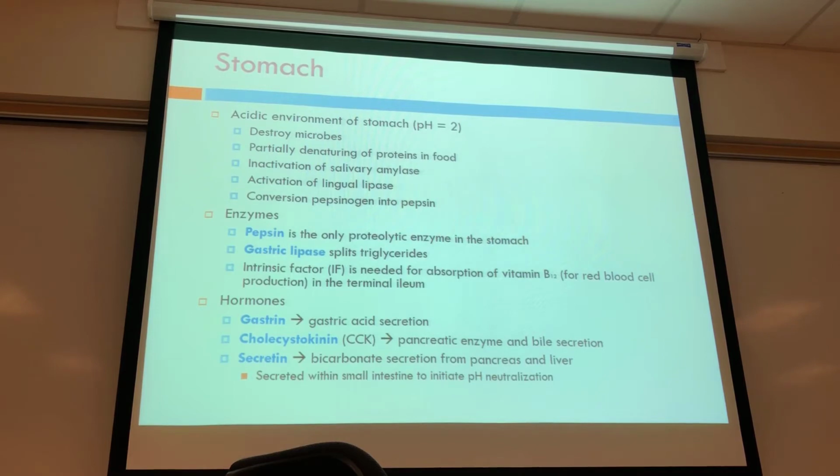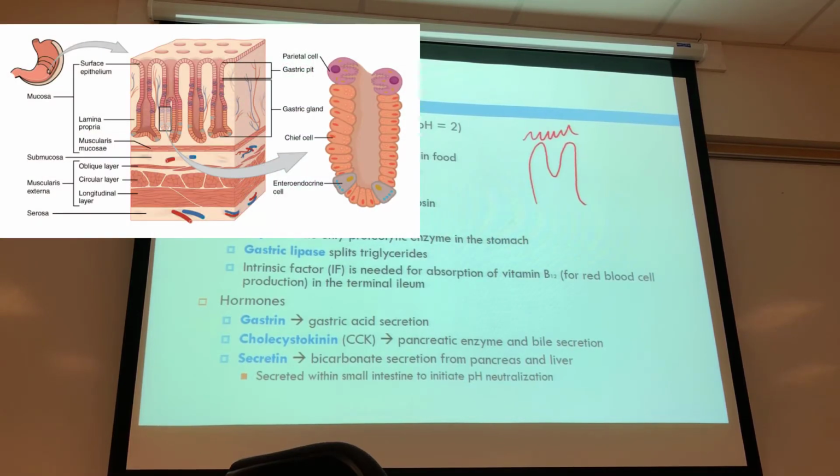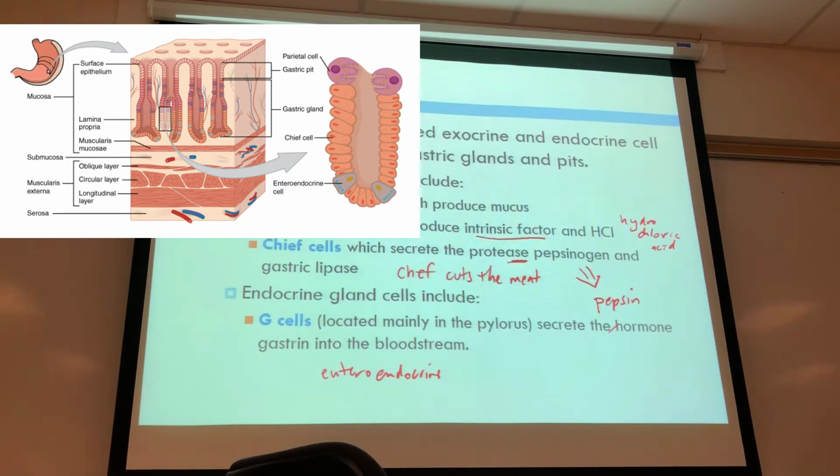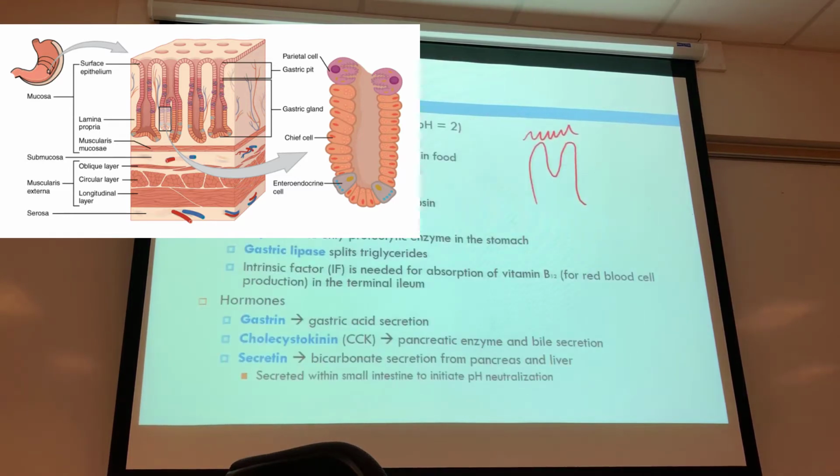So as I mentioned earlier, we have our gastric pits. We've got our mucus layer. We have pepsinogen that's produced, again, our pepsinogen produced by our chief cells. Our chief cells are going to come in, so here's our chief cell, and that's producing our pepsinogen.